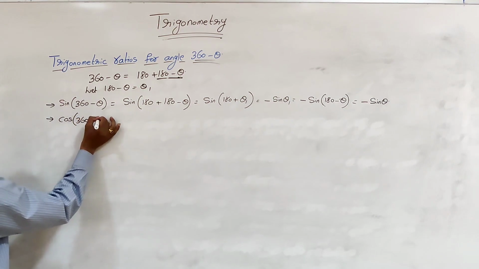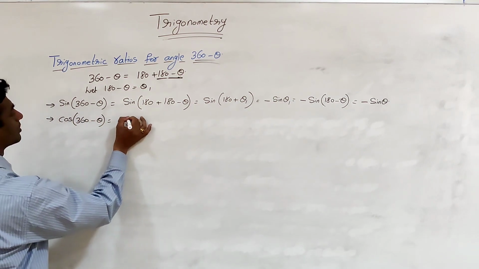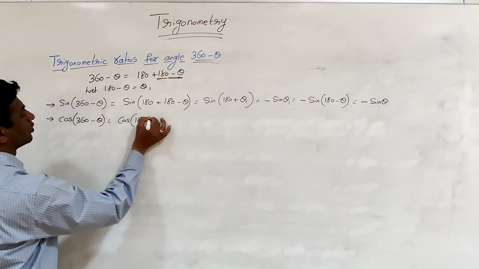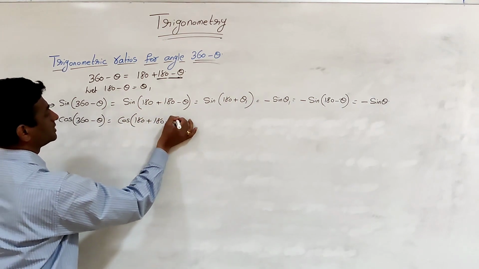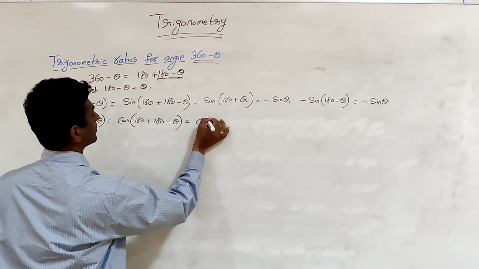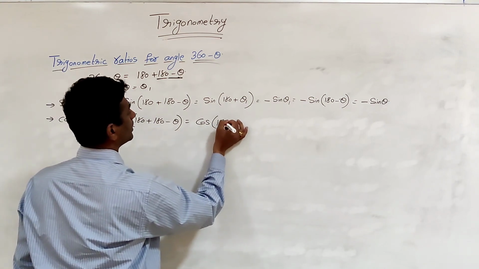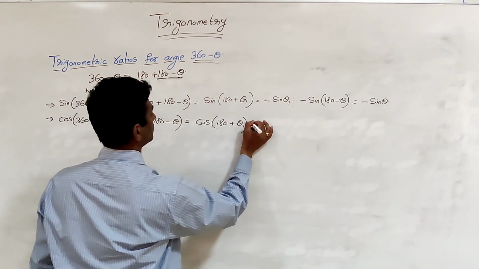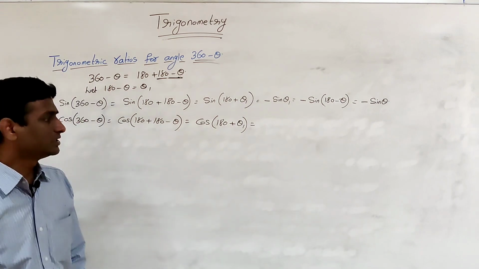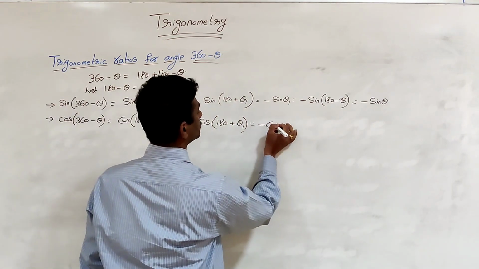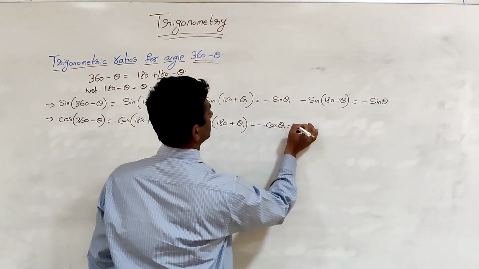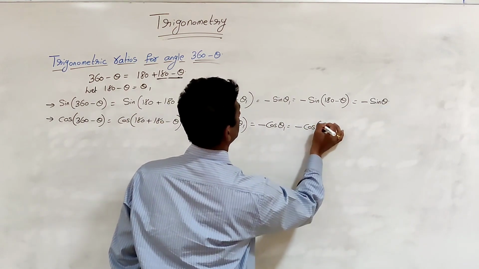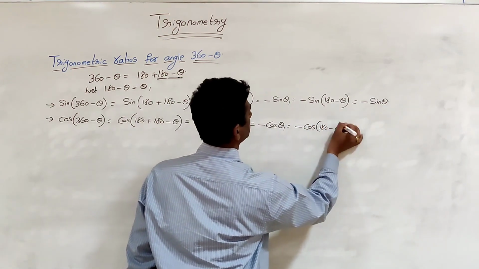Cos of 360 minus theta. Cos of 180 plus (180 minus theta), that is cos of 180 plus theta 1. Cos of 180 plus theta 1 gives what? Minus cos theta 1, which is minus cos of 180 minus theta.